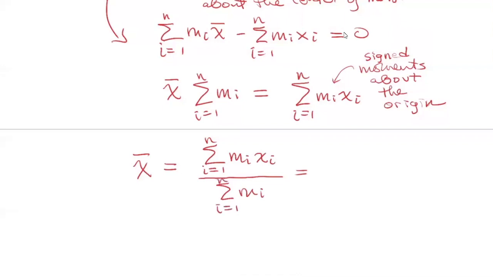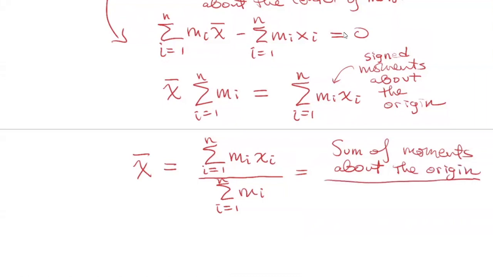So we would write this as the sum of moments about the origin. This sort of brings the coordinate system into it, where 0 is. Can't tell you the center of mass until it knows where 0 is, basically. So you do the sum of the moments about the origin, and then you divide by the total mass of the system. And that's the center of mass.